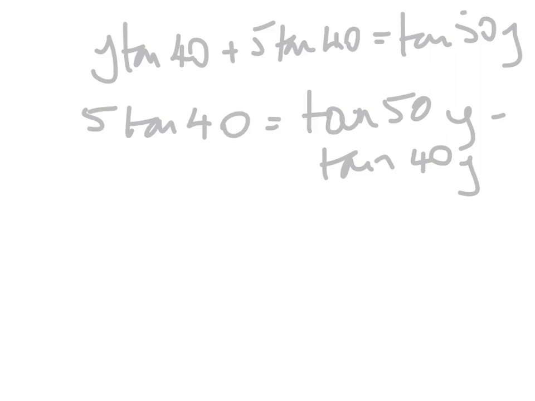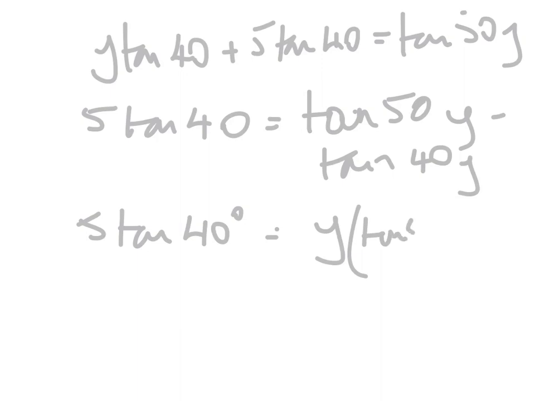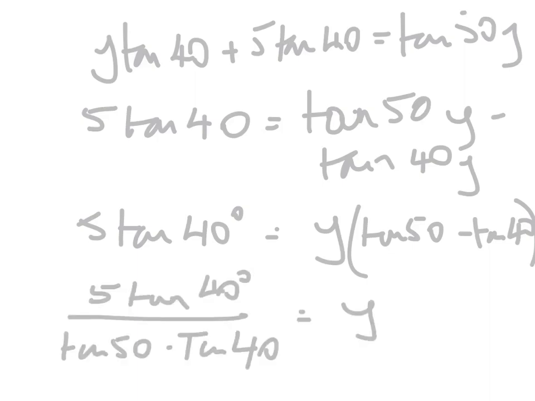We've got our 5 tan 40 on the left, which hasn't changed. I'm factoring out the y on the right-hand side, which leaves us with tan 50 minus tan 40. Now we can find the distance y, because we can work out what 5 times tan 40 is and what tan 50 take away tan 40 is.